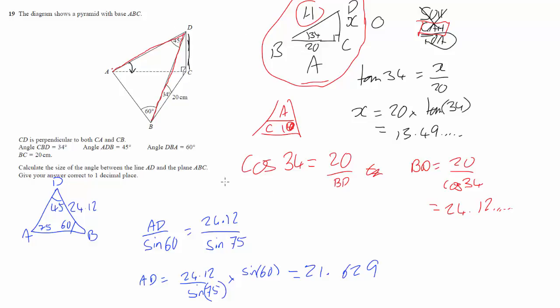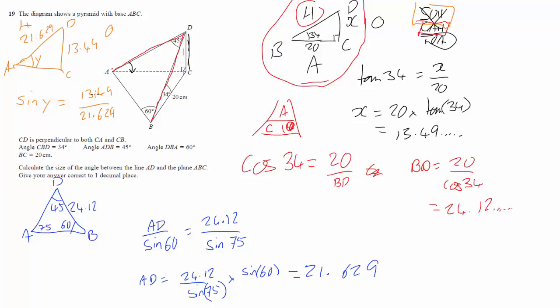And my very last step now is to go to this triangle ACD. So let's do it in orange up here. Now DC is 13.49 and AD is 21.629, and I'm going to work out this angle here, which I'll call Y. This is the hypotenuse, that's the opposite, so I'm going to use SO. So sine Y is equal to 13.49 over 21.629.